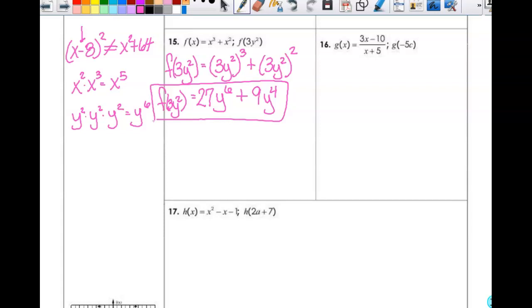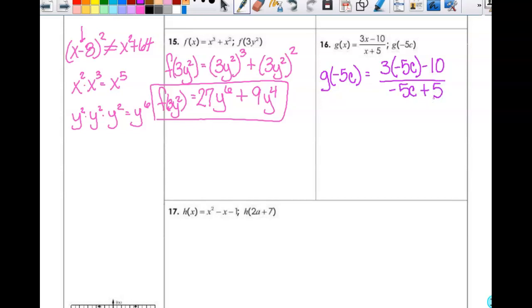There you go. Okay. So on 16, we have g of negative 5c. So g of negative 5c equals 3 times negative 5c minus 10 over negative 5c plus 5. I'm going to give you a second.